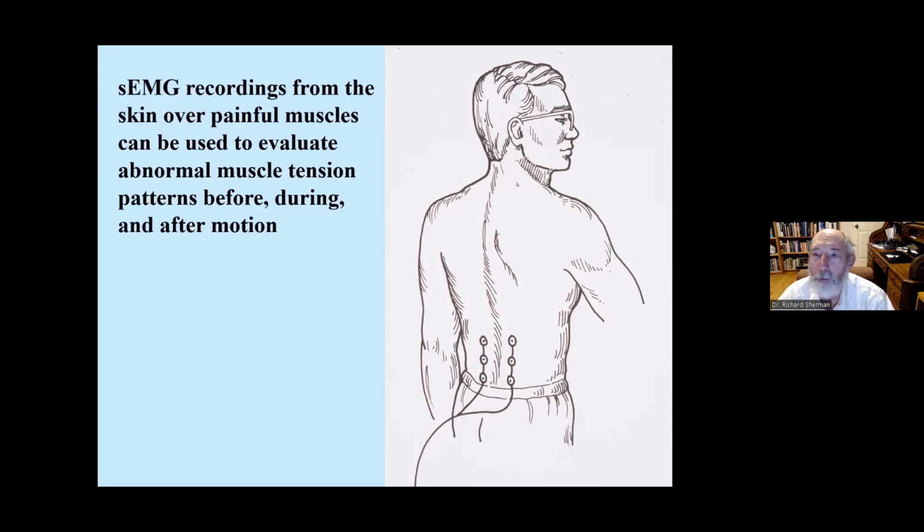What we're looking for is a correlation between how much muscle tension somebody is putting out and how much pain they're in. And we get a very high correlation between how much pain you're in and how much muscle tension you're putting out in your most painful position.